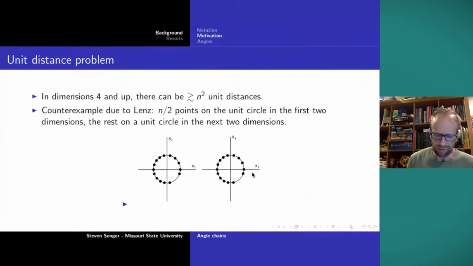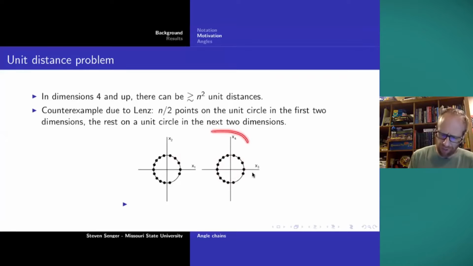It looks like this. I've got n over 2 points here, and n over 2 points here. Any choice of a point here paired with a choice of a point here will give me the same distance. So I've got n squared copies of the same distance, and you can, of course, normalize these circles to make that distance 1.